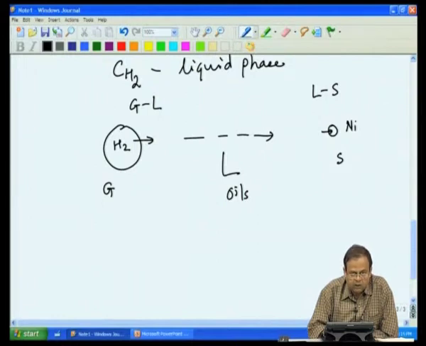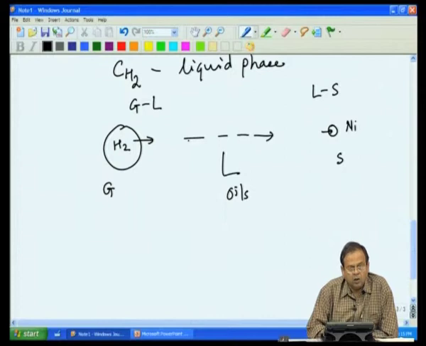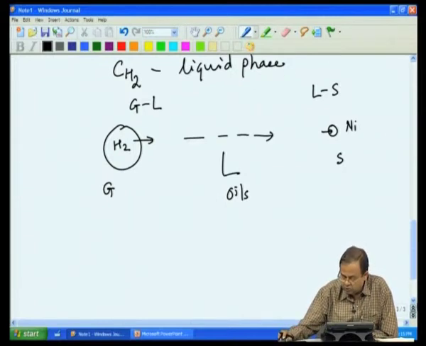Or in other words, we now have a 3-step process, of which important are these two mass transfer processes. Okay.